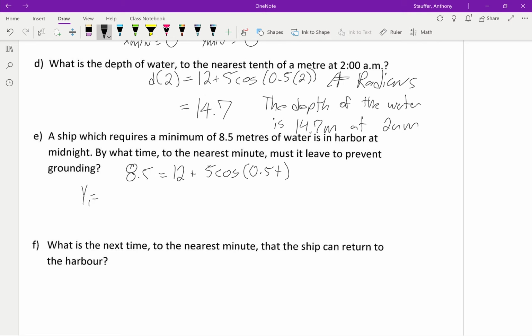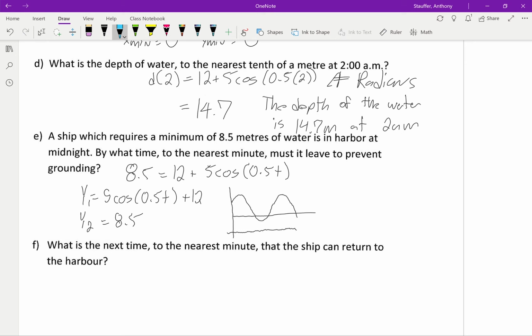So we get y1 equals, and I'm just going to write this slightly rearranged, 5 cos 0.5 t plus 12, and my y2 will equal 8.5. Doing this will give you a graph, again using the window settings that we previously stated. You'll get a graph that looks something like this, and then that 8.5 line cuts through it like that.